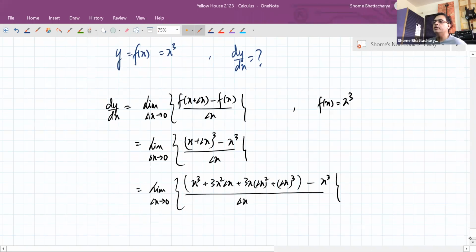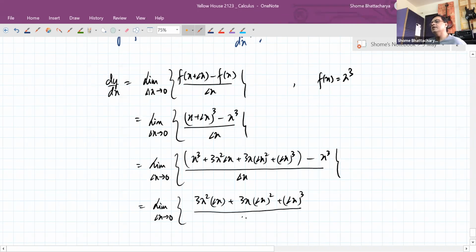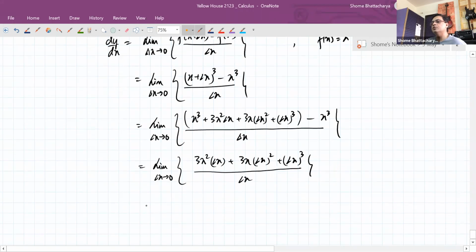So I have to do something further. I solve this a little further and cancel off the x cube. So the next step, what I'm getting is 3x squared delta x plus 3x delta x squared plus delta x cube, divided by delta x. Still, if I put the limit, I'll get 0 by 0. So I have to go one step further.